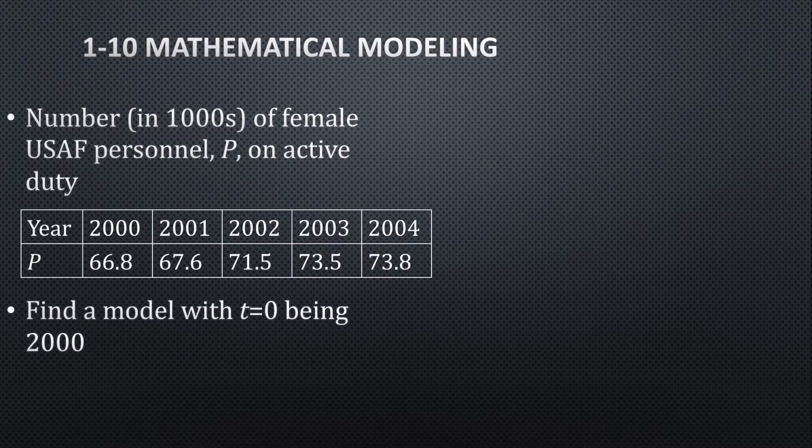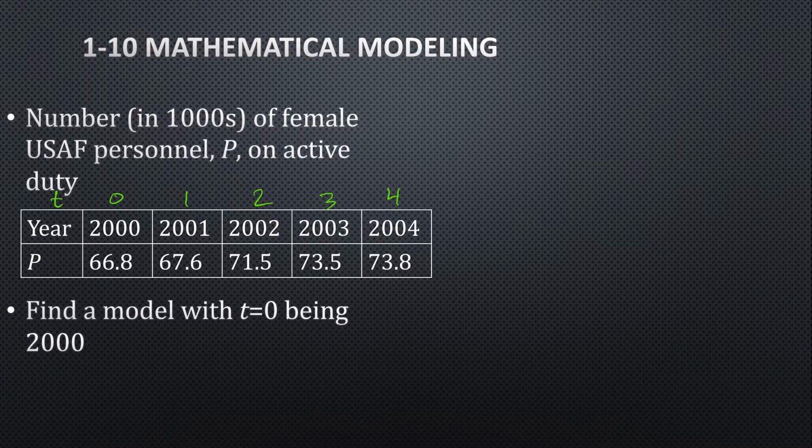Let's try an example. The number in thousands of female Air Force personnel on active duty for these years is given in the table, with T0 being 2,000. So we're going to say this is T, and it will be 0, 1, 2, 3, 4, just to be convenient, smaller numbers.